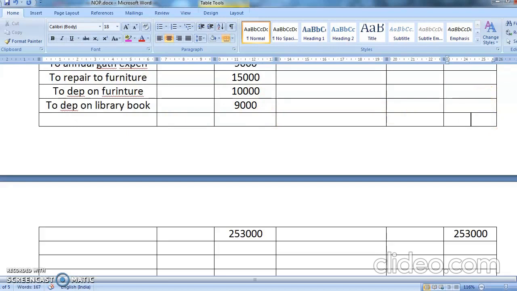How much is the surplus? 48,800 is my surplus. So here it is, to surplus carried down.